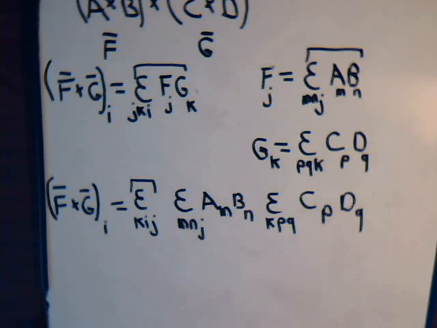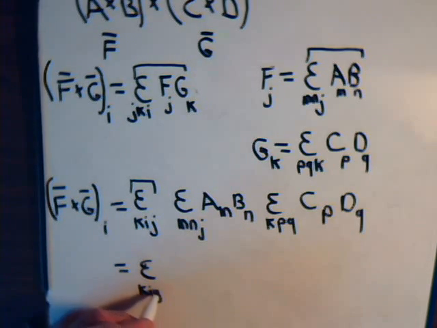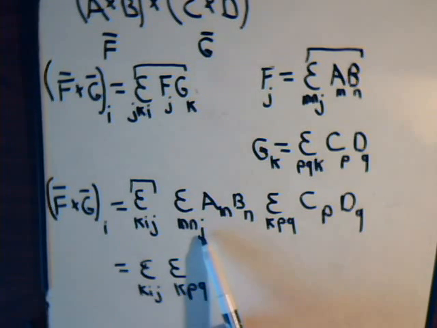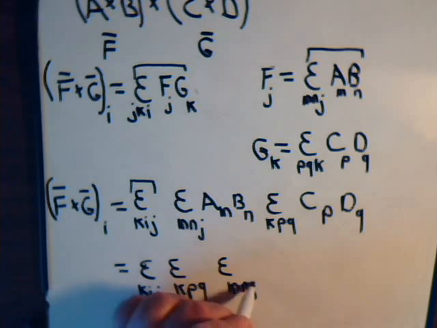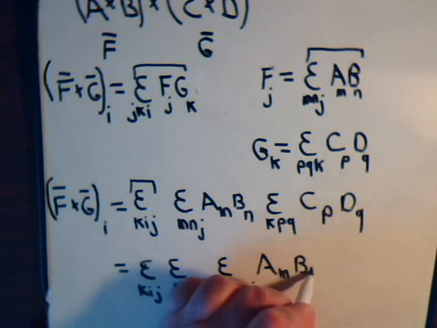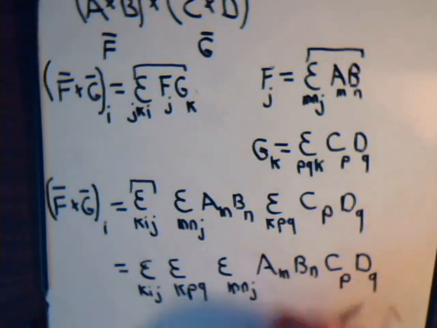So we can write this as epsilon Kij times epsilon Kpq times epsilon Mnj, A sub n, B sub n, C sub p, D sub q.